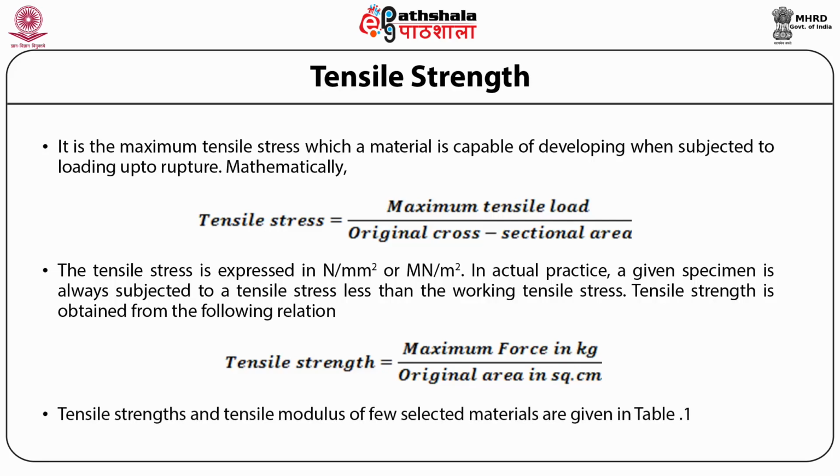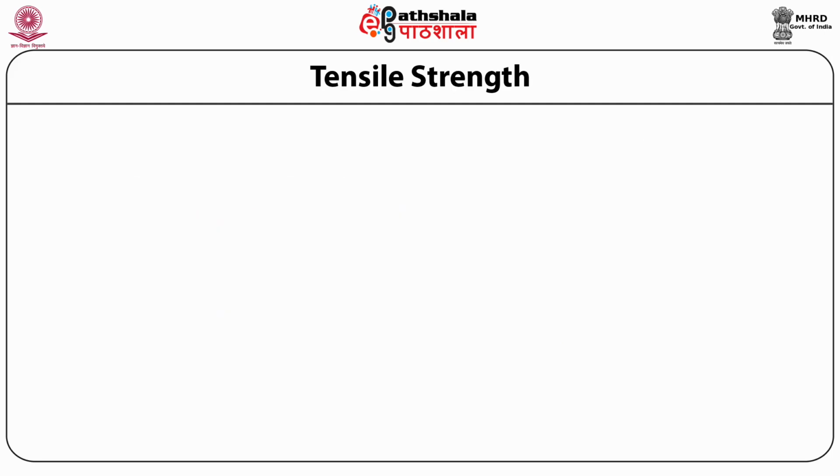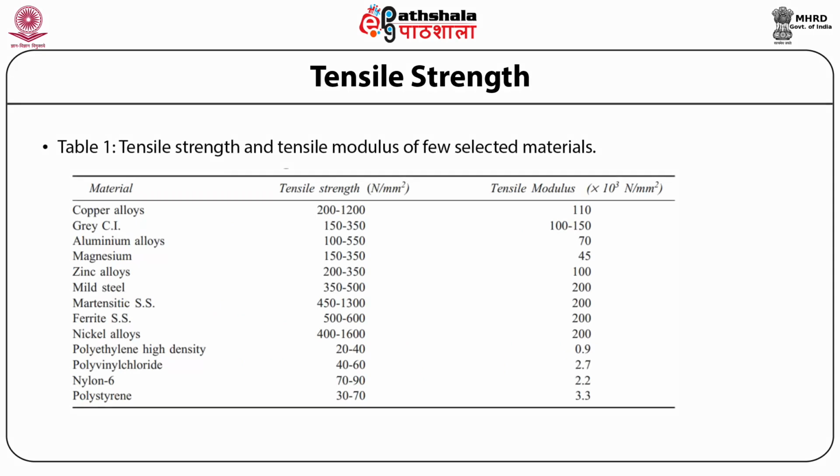Tensile strengths and tensile modulus of a few selected materials are given in the following table. Tensile strength is in newtons per mm square and tensile modulus is in 10 raised to the power 3 newtons per mm square.